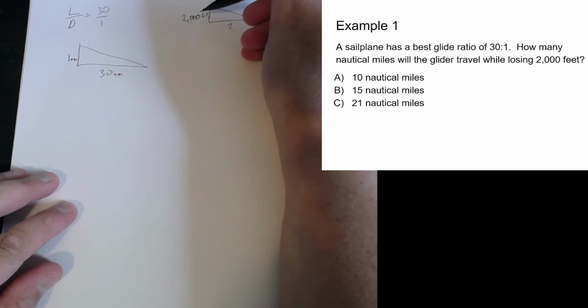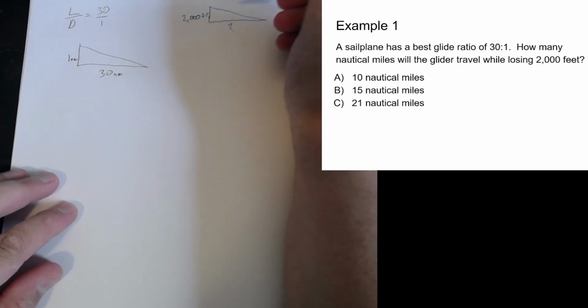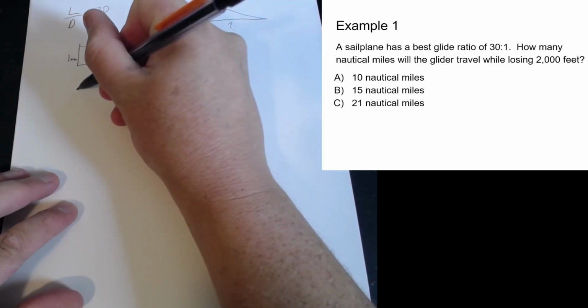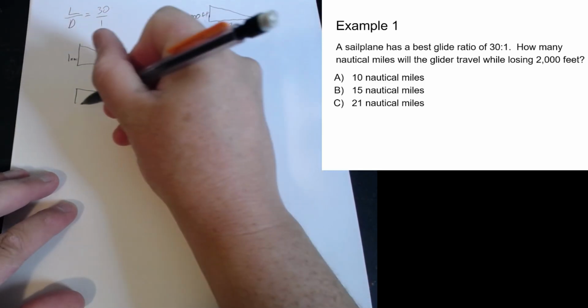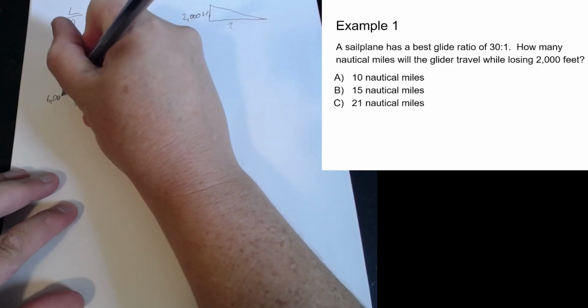But now we know the answers, A, B, C, and D. The distance is in nautical miles, but the height that we're going to lose is in feet. They give us feet. That's not the same as nautical miles, but we'll use that trick that we talked about earlier, where 1 nautical mile is equal to 6,000 feet.